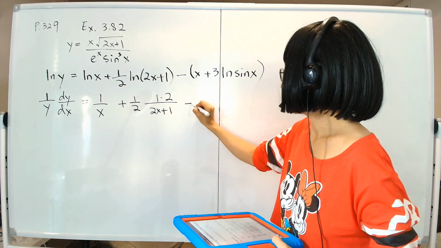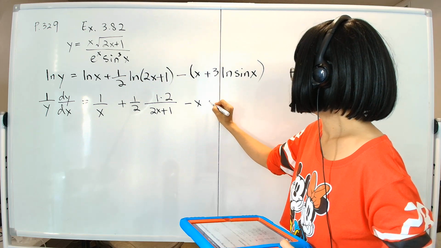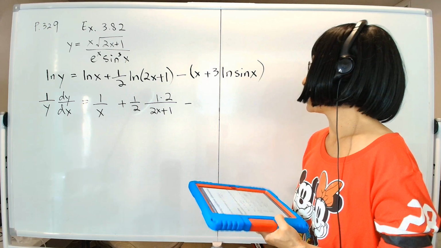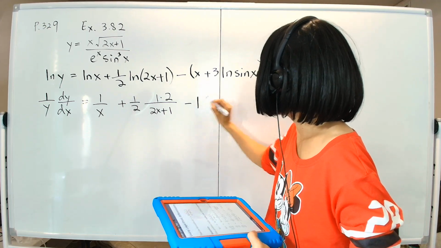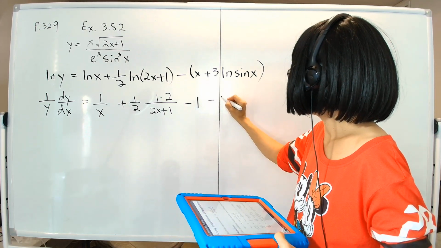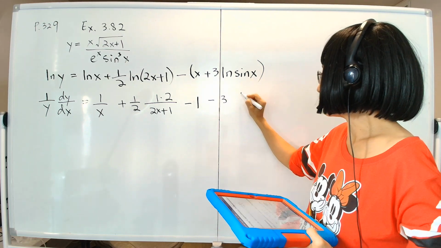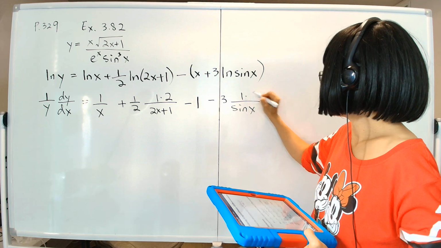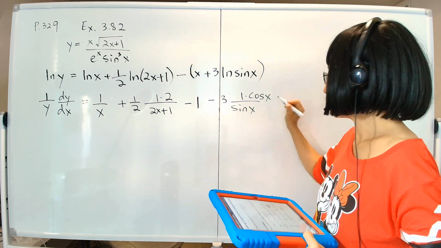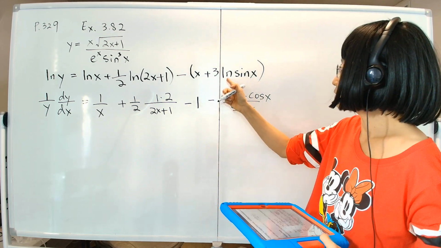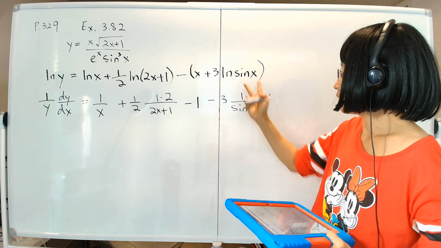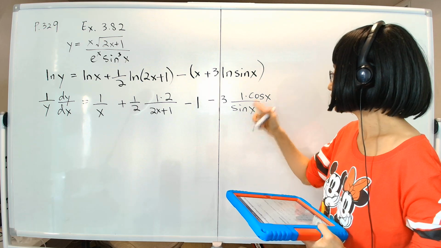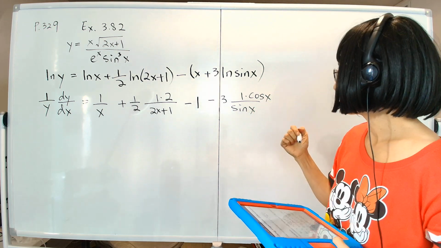And minus the derivative of x, which is 1, minus 1, and then minus 3. The natural log of sine is 1 over sine x times cosine x. Okay, I am applying the chain rule. See? The derivative of natural log of something is 1 over that thing, then the derivative of the thing itself. If the thing isn't x, then you have to crank it one more level. So that should be good.